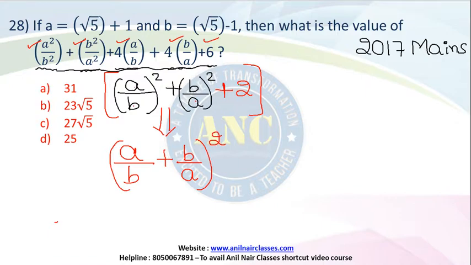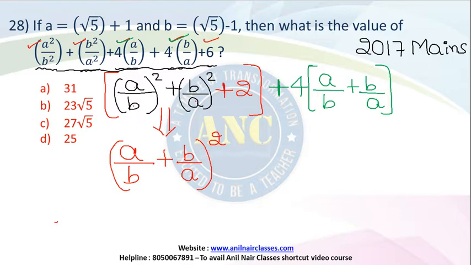Now, if you carefully observe, I will continue writing the expression. The third term is 4 into a by b. The fourth term is 4 into b by a. I will take 4 as a common factor and write them as a by b plus b by a, right? Now the third term is written, and the fourth term is also written. What about the fifth term?